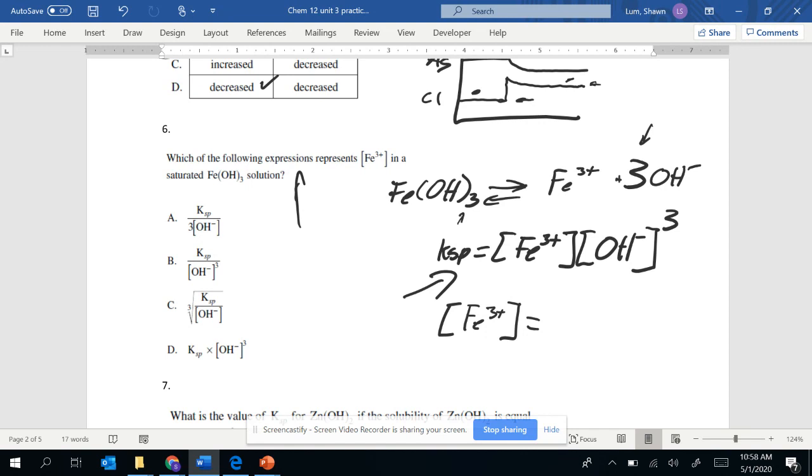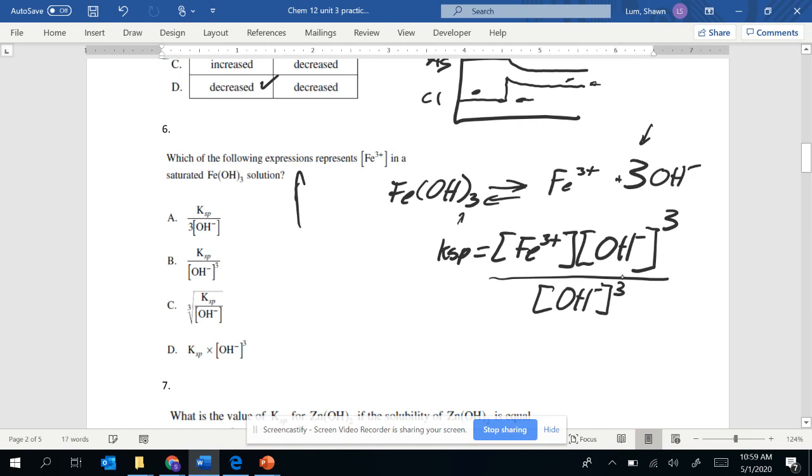We just need to do some math on this and move a few things around. You have Ksp right here, and I want to isolate this Fe3 plus. So I'm going to divide both sides by this OH minus. Now I can't just divide by one OH minus. There's like 3 of them right here. So I need to divide by all 3 of these things, or cube it.